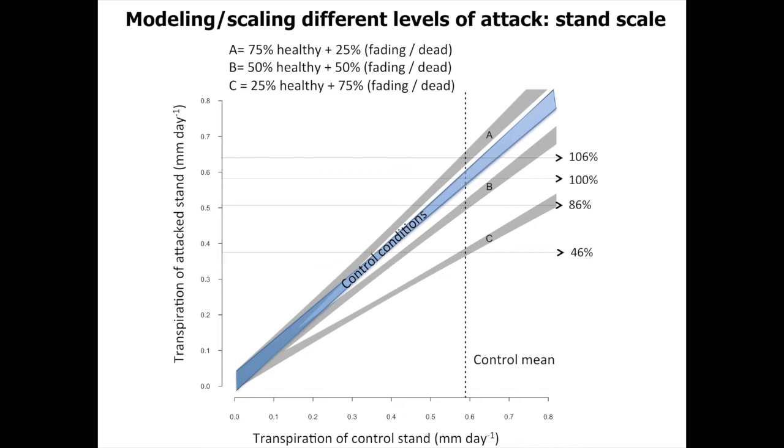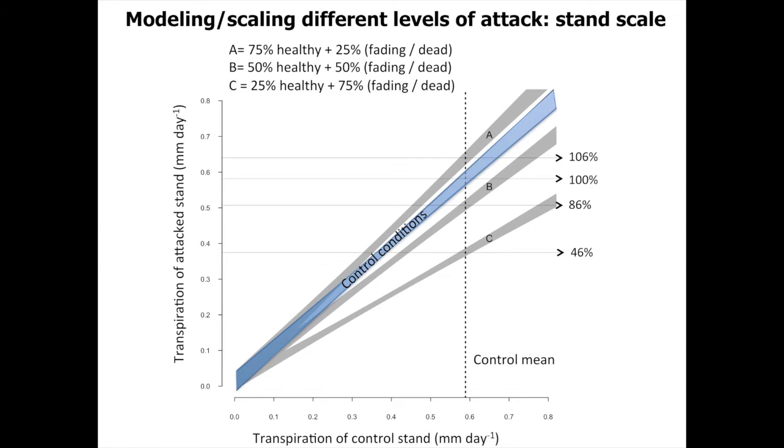So as you can see, the relationship is not linear. This exercise was done because typically people assume that once the forest is attacked, it's only a pool of live and dead trees, and live trees are just trees that are transpiring normally, right?